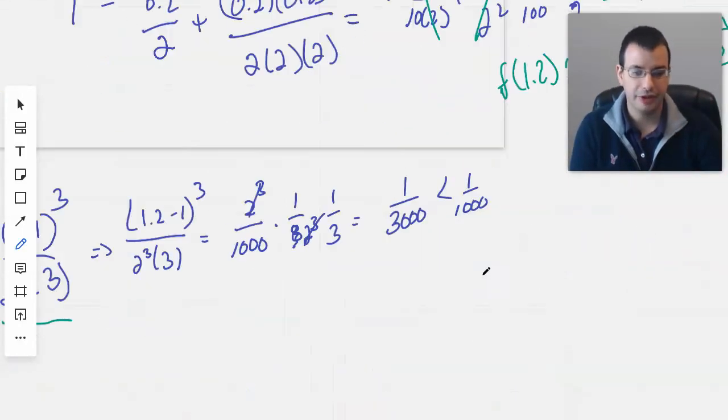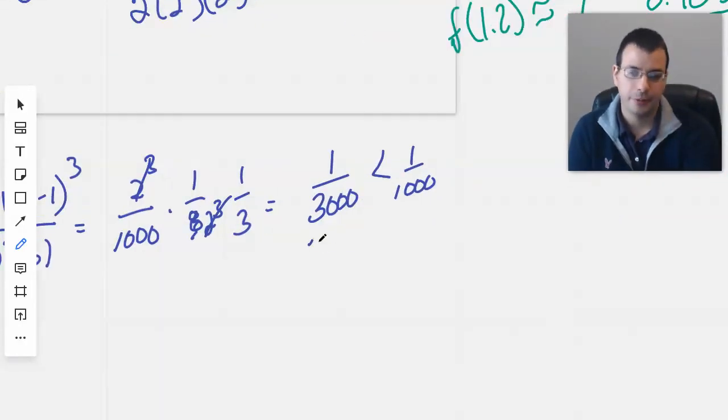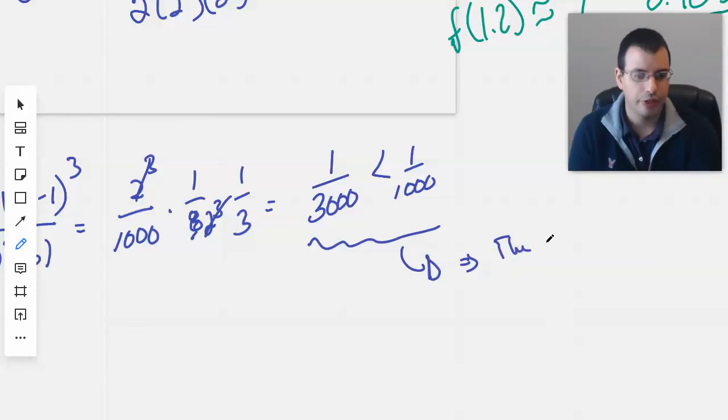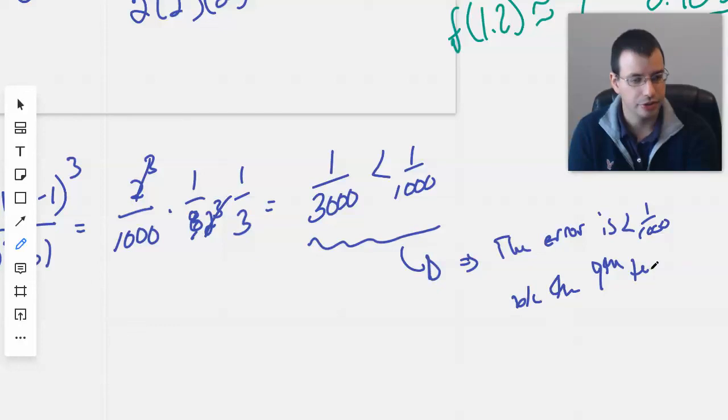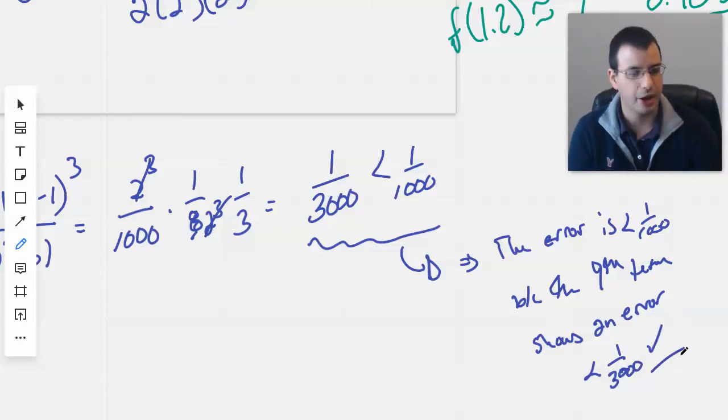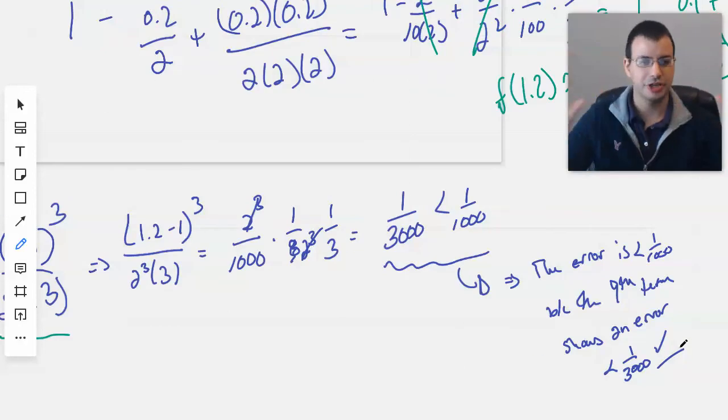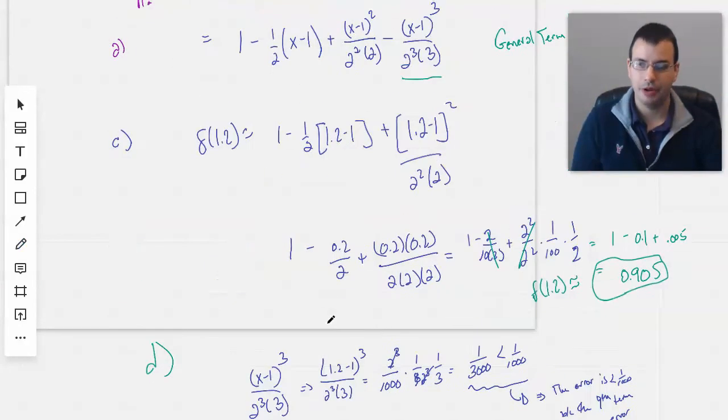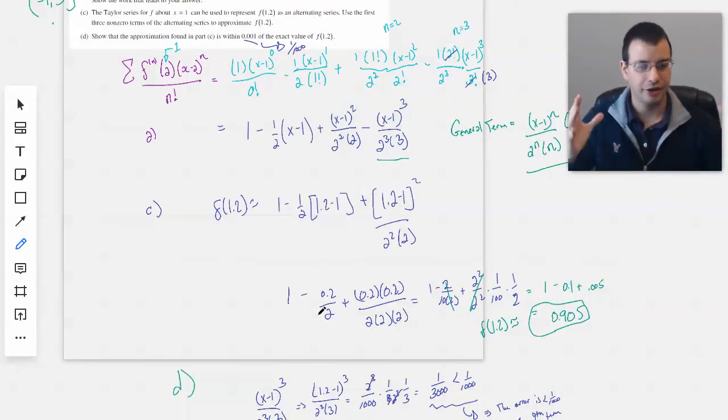So what we have here then, we've shown, therefore, the error is less than 1 over 1,000 because the fourth term shows an error less than 1 over 3,000. Yes. Okay. So those are a couple problems to kind of wrap up the idea of what we're doing here.